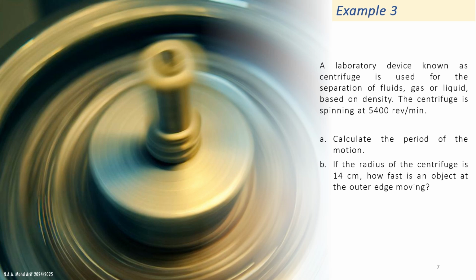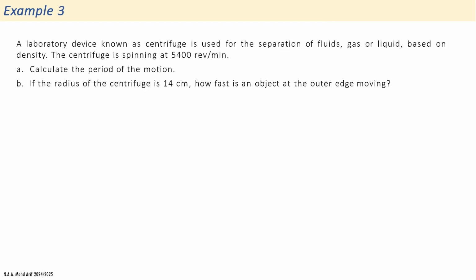Now look at example 3. Given that ω is 5400 revolutions per minute, the question asks, determine the period of the motion. Okay.